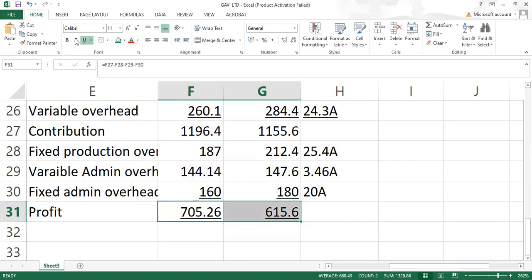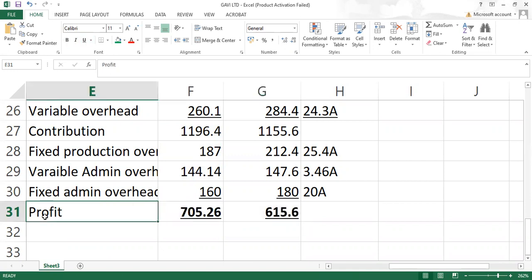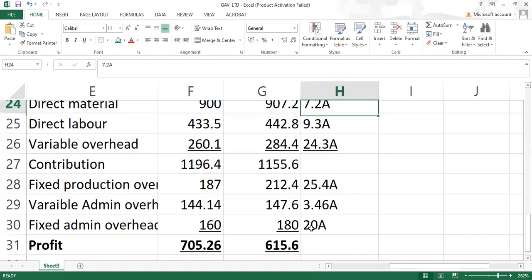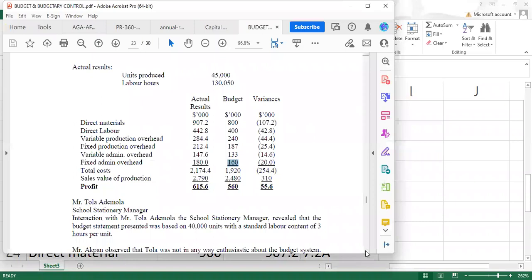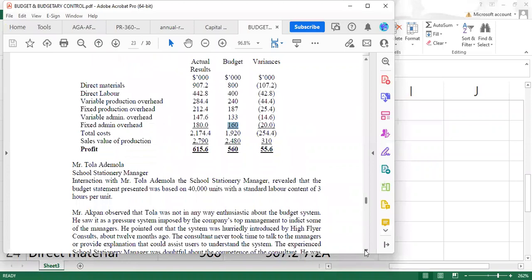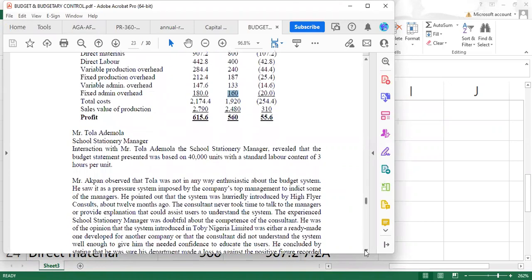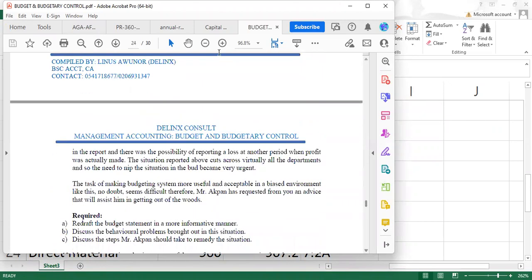Are we okay up to this level, or do we have any issue? Yes, okay.